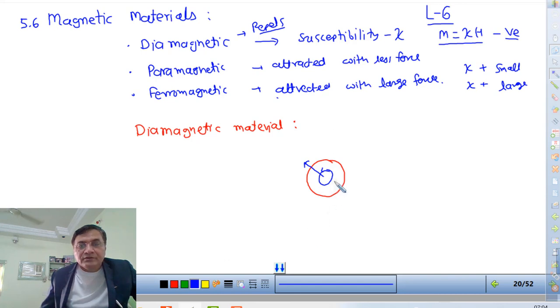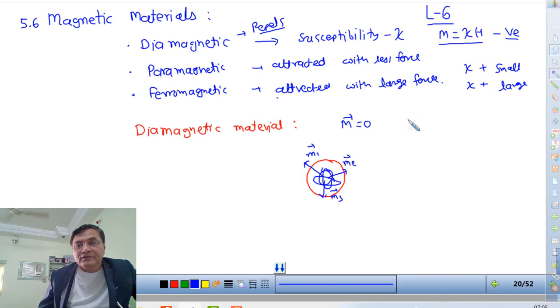Another one is like this, so it has magnetic moment here. Third one in this direction. If you add the magnetic moment because of each electron, and do the vector sum, it is equal to 0.